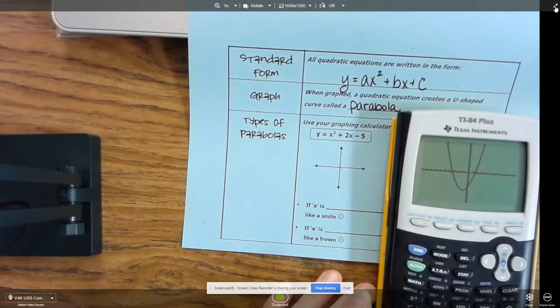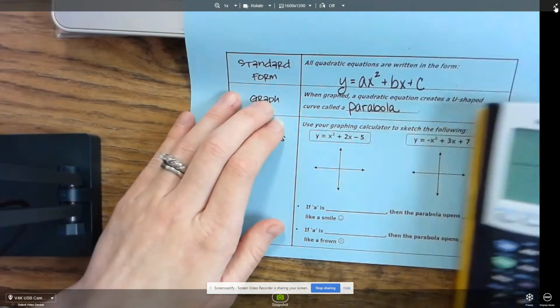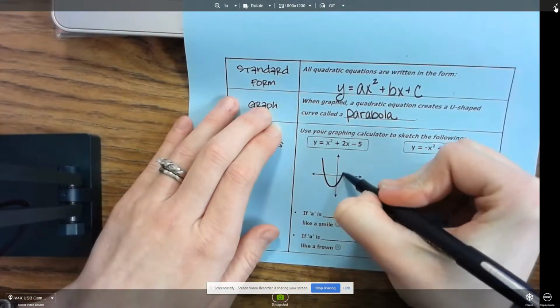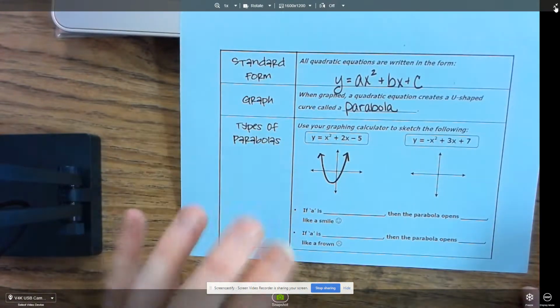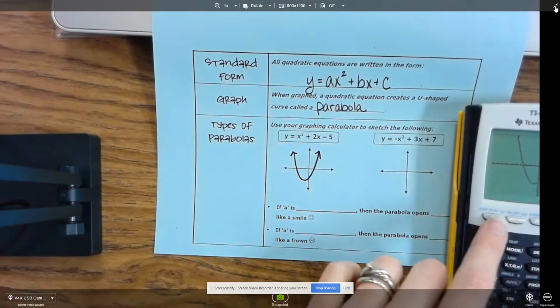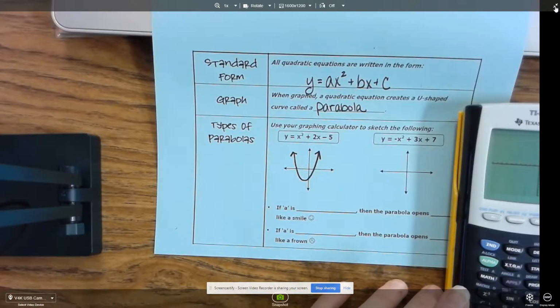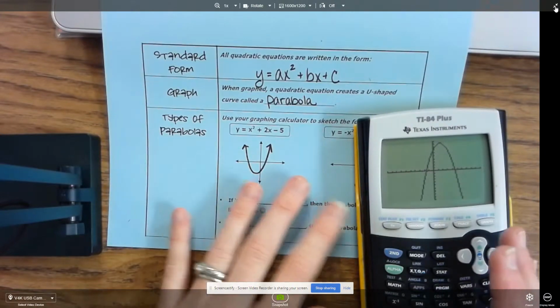You get an idea of what this graph looks like. It's going to look something like that. And then there are different pieces that go along with this as well. You can see this one turns upside down.